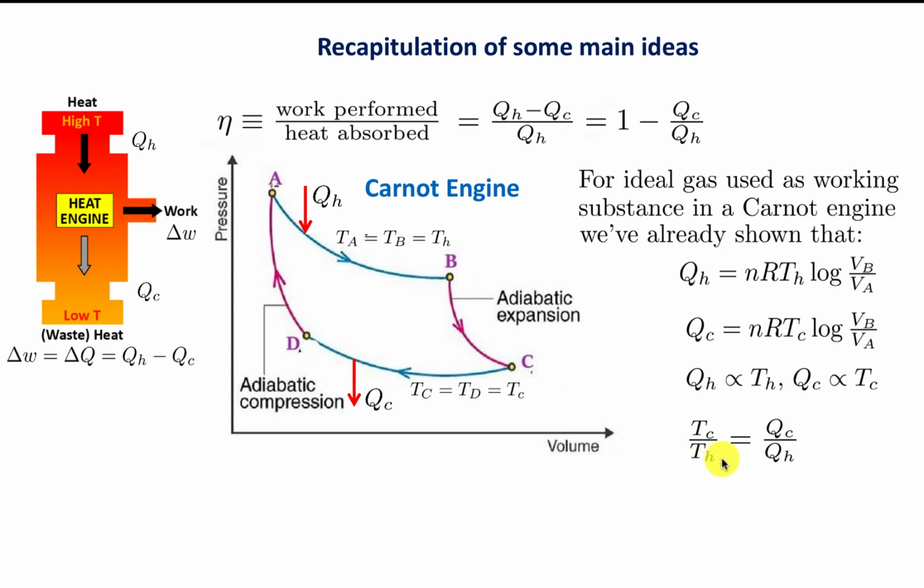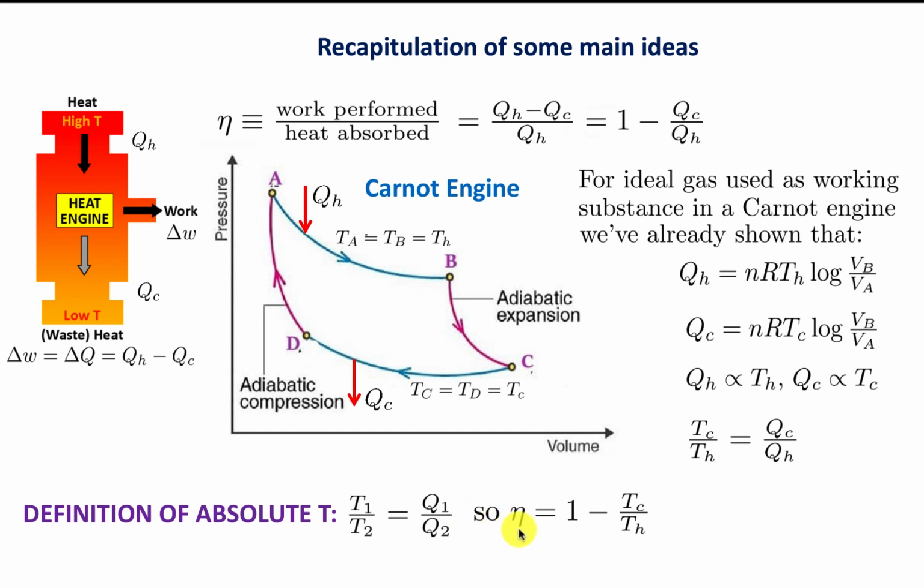And now these over here are absolute temperatures for this ideal gas. And that takes us to a definition of the absolute temperature, which says that the temperature of reservoir number 1 divided by the temperature of reservoir number 2 is equal to the ratio of the heats absorbed from the first and the second reservoirs.